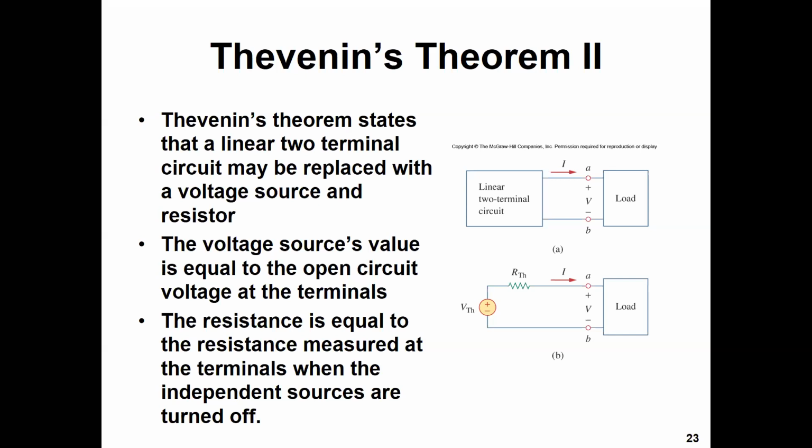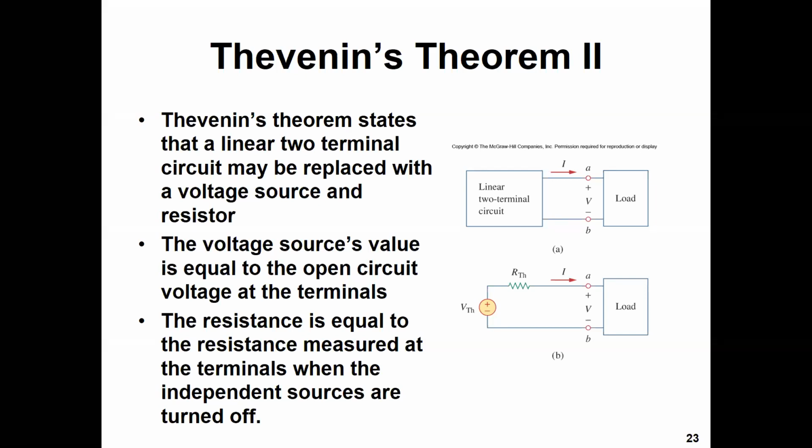Thevenin theorem states that a linear two-terminal circuit may be replaced with a voltage source and a resistance. So at the end, no matter how large or big the circuit is, if you have 3, 4 current sources or a mix of current sources, voltage sources, and resistors 1, 2, 3, 4, 5, we can reduce all these elements into two elements, a voltage source and a resistance.